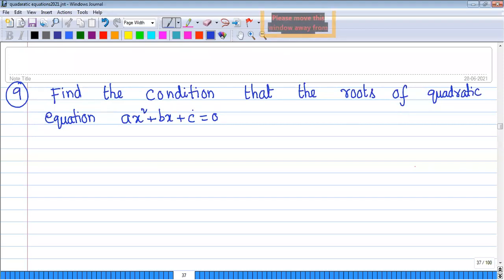Find the condition that the roots of the quadratic equation ax square plus bx plus c is equal to 0 shall be n times the other, where n is a positive integer.